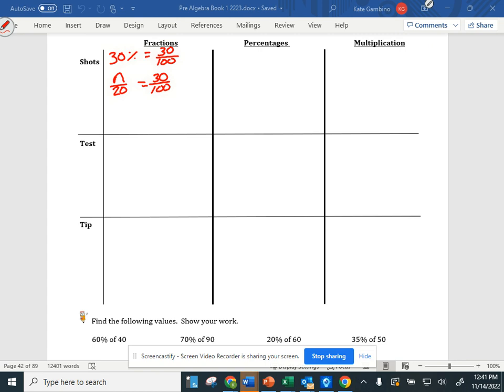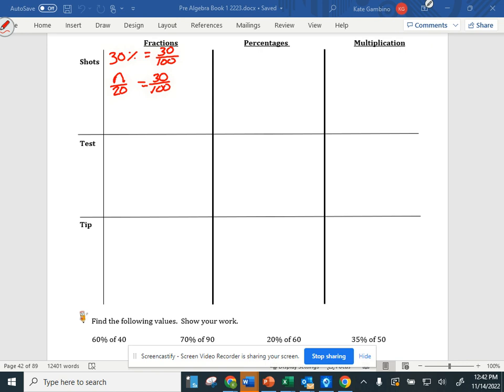So we're going to put, she made 20 shots and made 30% of them. So out of 20 shots, she made N. We don't know how many she made. So 20 shots was 100%, right? They equal each other. 20 shots, if she made them all, she would have made 100%. So how many shots she did make equals that 30%.